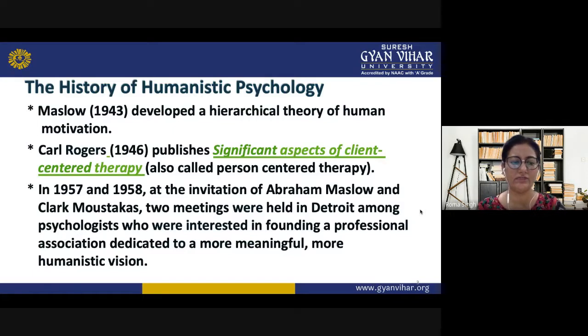In 1957 and 1958, at the invitation of Abraham Maslow and Clark Moustakas, two meetings were held in Detroit among psychologists who were interested in founding a professional association dedicated to a more meaningful, more humanistic version. Basically, these psychologists wanted some aspect related to the human part.